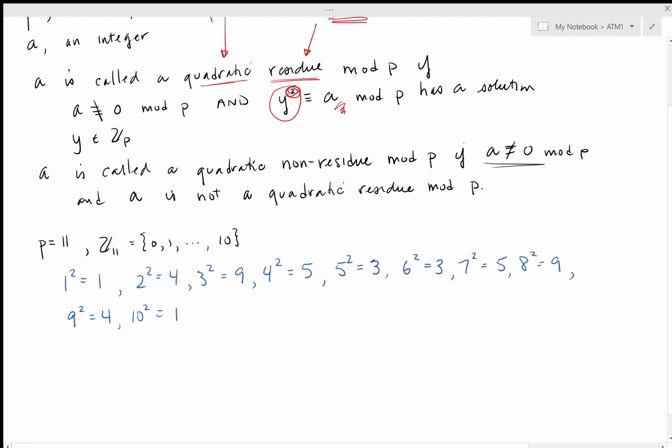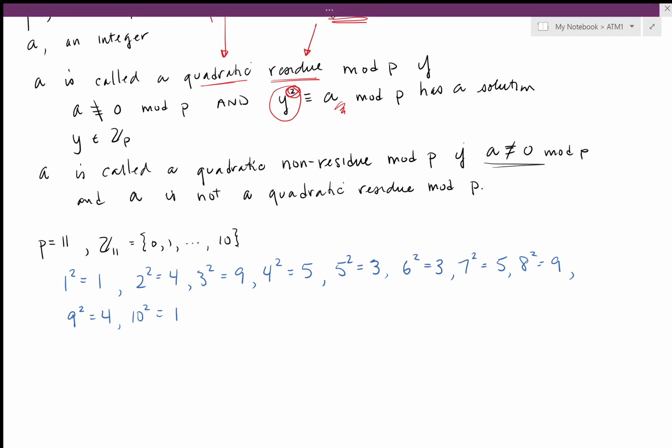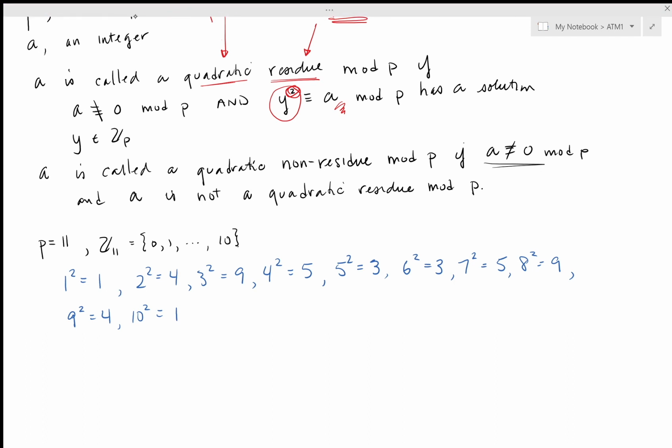Okay, so I took every possible number excepting 0 in Z11 and I squared it, and then I see what the remainder is mod 11. So let me just box those numbers that I'm interested in.